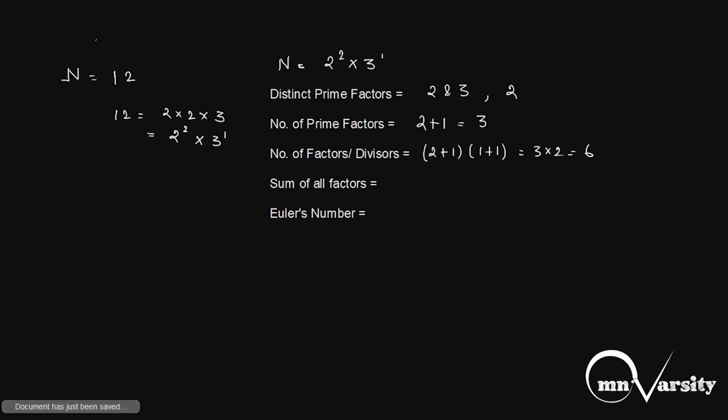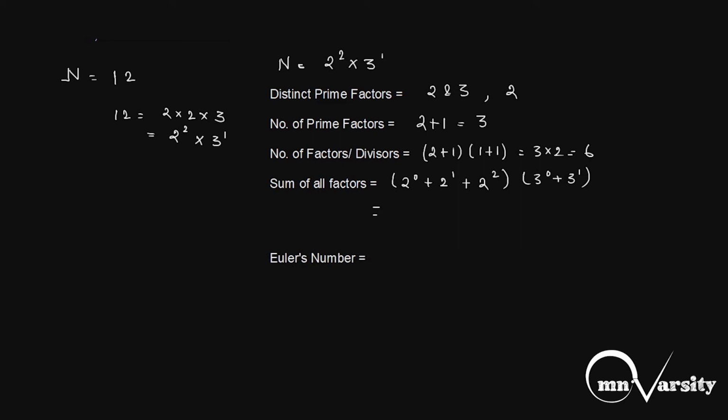Sum of all factors: (2 to the power 0 plus 2 to the power 1 plus 2 to the power 2) into (3 to the power 0 plus 3 to the power 1), which will be equal to (1 plus 2 plus 4) into (1 plus 3), 7 into 4, which will give us 28.